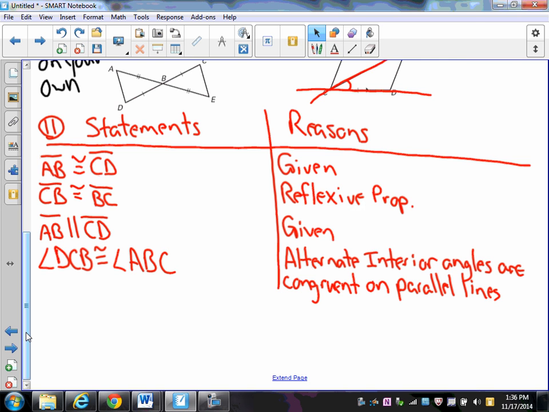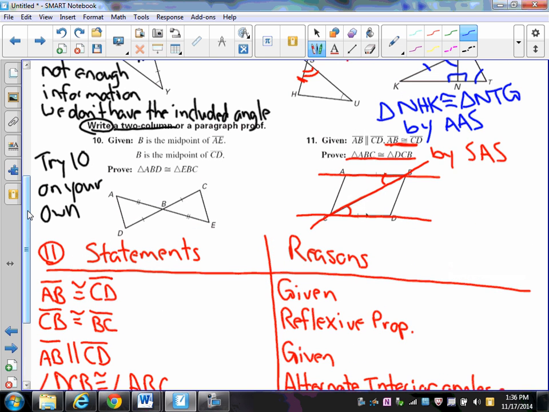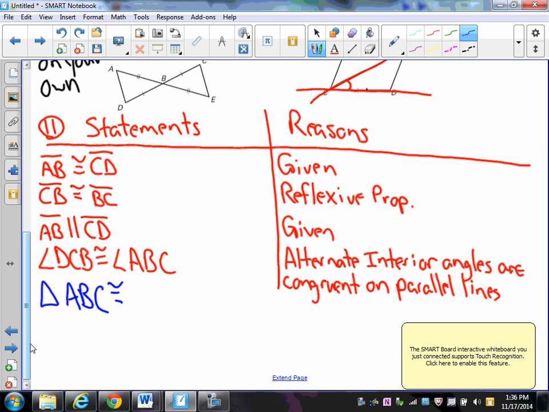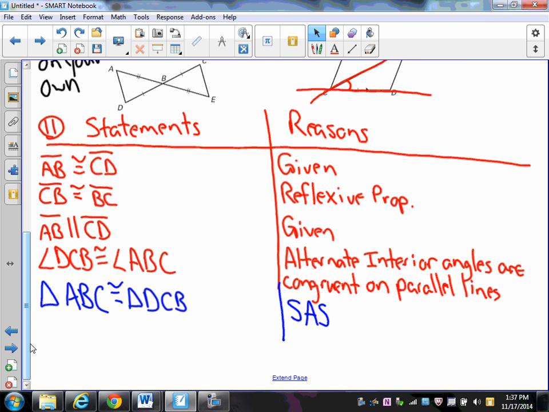So now I have my side angle side. So the last part of this proof is just to copy down what we were supposed to prove. So triangle ABC is congruent to triangle DCB. And our reason is just SAS by the side angle side postulate.